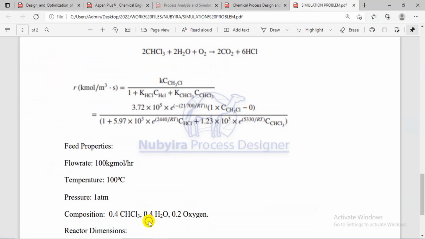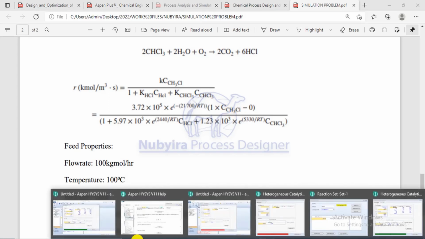Then what do we have next? We now have to put our exponents. For the molar concentration, all we have is CH3Cl, and the power is 1, because we have C raised to power 1 for CH3Cl.